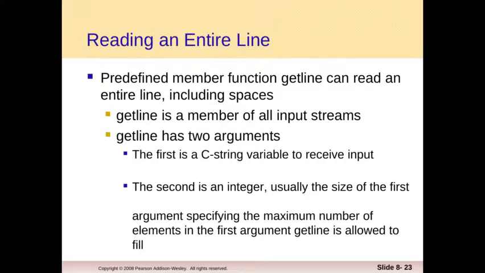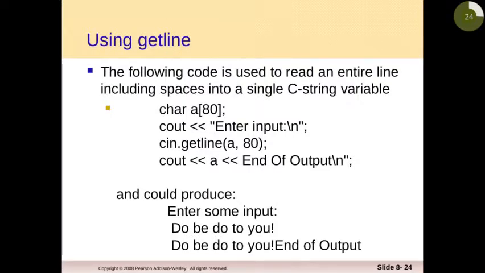The first one is the C-string that receives the input, and the second one is the declared size. So this is the way you would use getLine. You see it on slide 24. If you run this program and the user enters doobie-doo to you, then you will get the entire doobie-doo to you into the C-string A, and that is what you would expect.